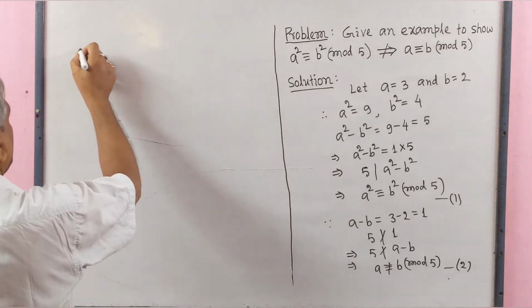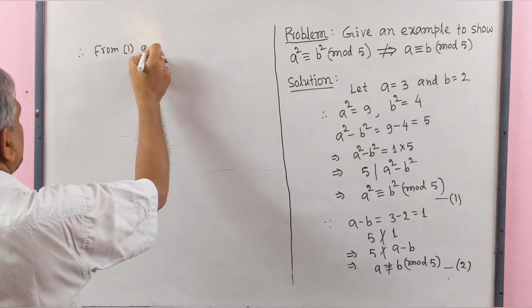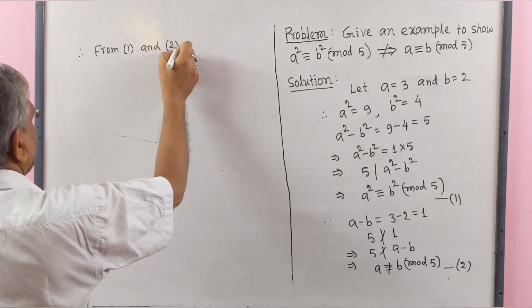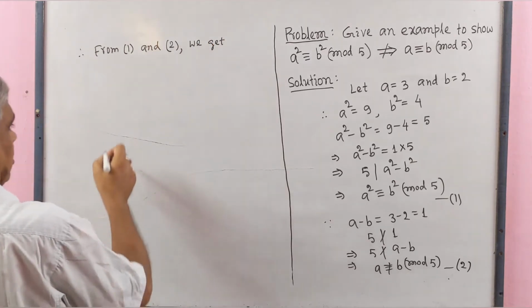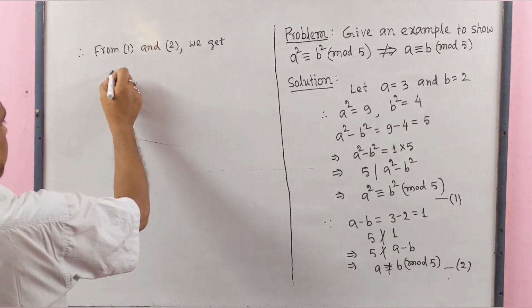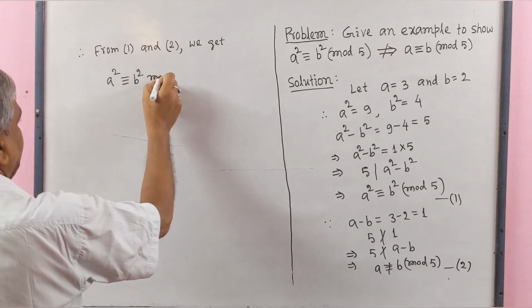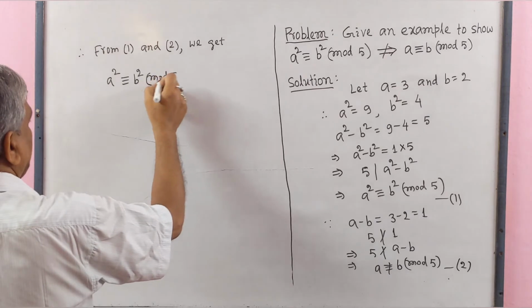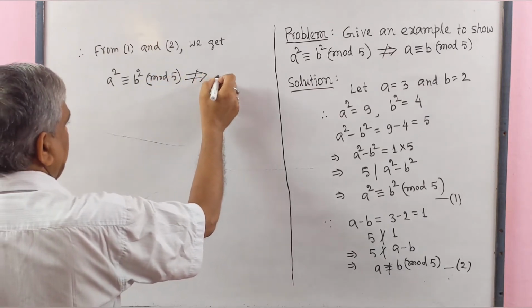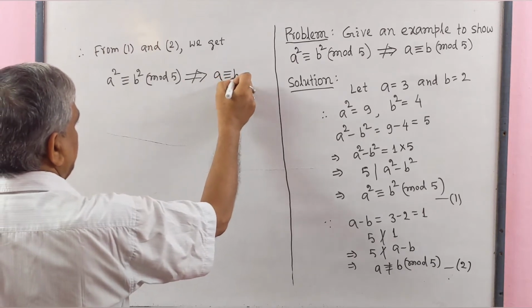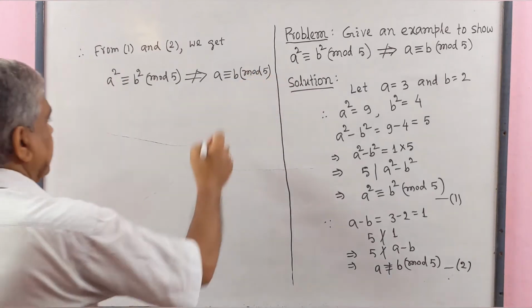Therefore, from 1 and 2, we get a square is congruent to b square modulo 5 does not imply a congruent to b modulo 5. Proved.